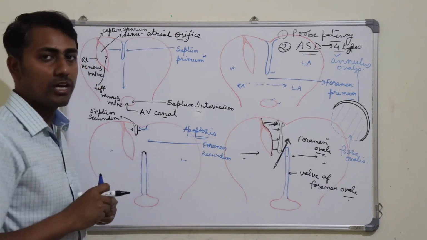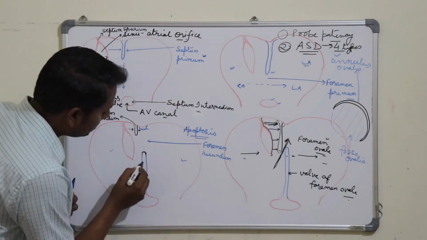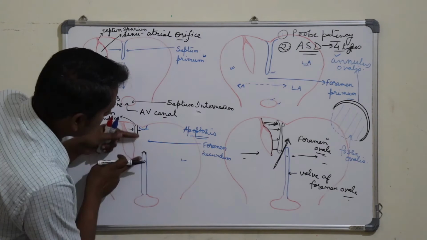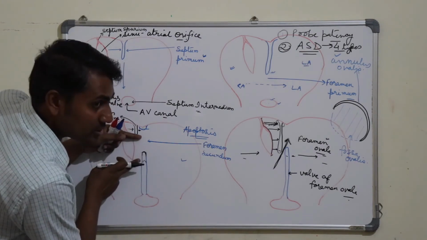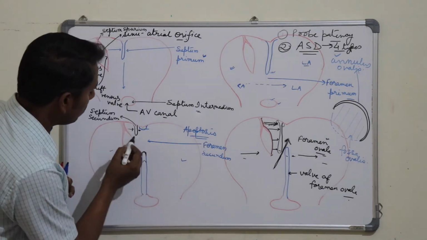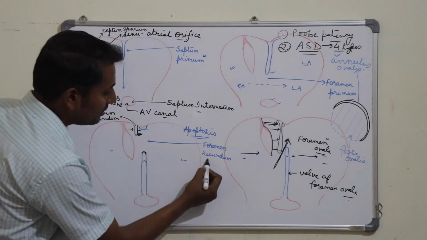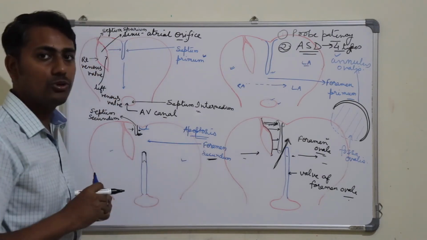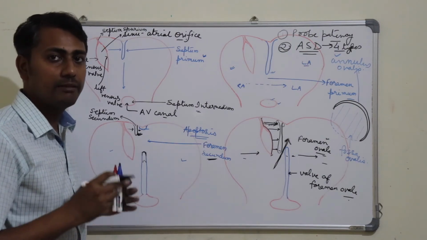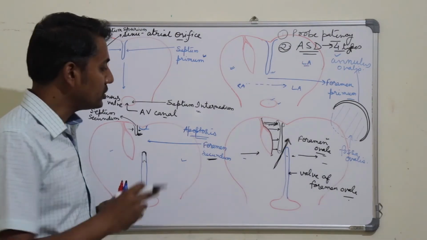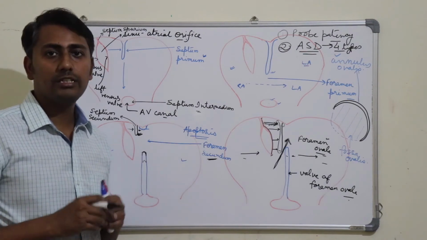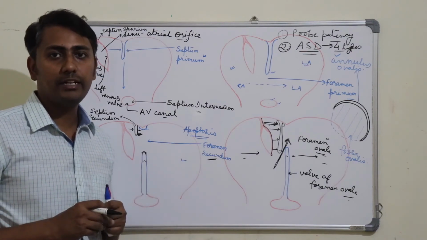This large foramen ovale is due to the increased absorption of the septum primum, so this foramen ovale will get enlarged, or due to the defective formation of the septum secundum. Therefore, this foramen secundum remains and it is known as ostium secundum type of defect. The ostium secundum type of defect is the most common atrial septal defect.